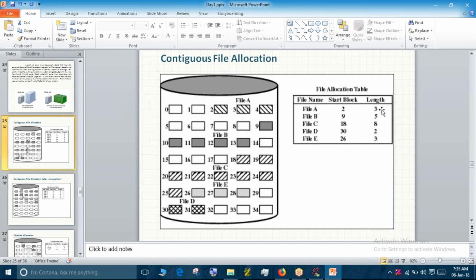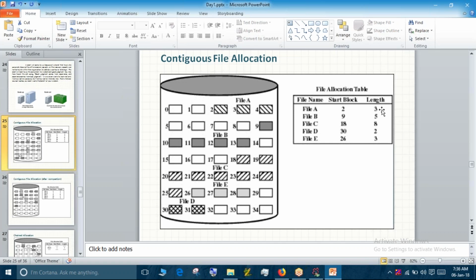Tomorrow if I need that same file, I can go to this file allocation table and get its start and its length. Then I can easily come to know, oh, this is a start and a length of 3. So 2, 3, 4 belongs to the file called file A. Right?